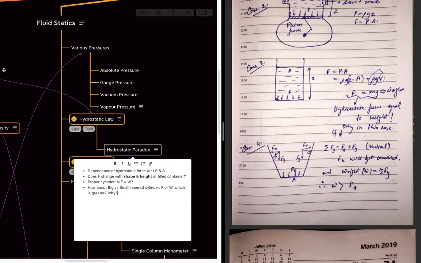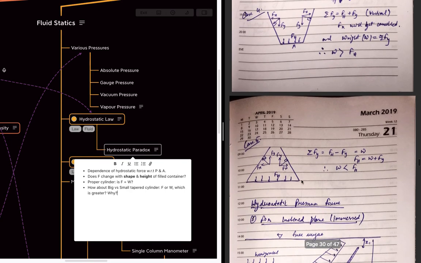So in the x direction the forces will get cancelled out, while the Fy will get added up to the hydrostatic force. Therefore the net force along the y direction will be the hydrostatic force plus the Fy. That means the weight of the liquid will be equal to that, so the weight is greater than the hydrostatic force.